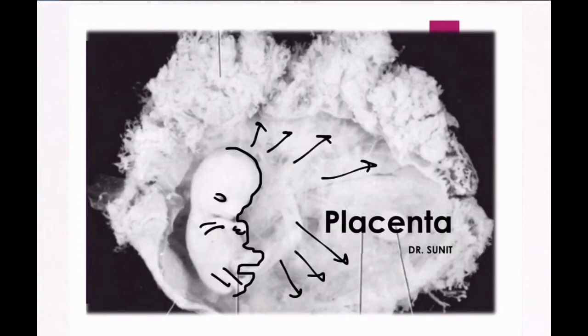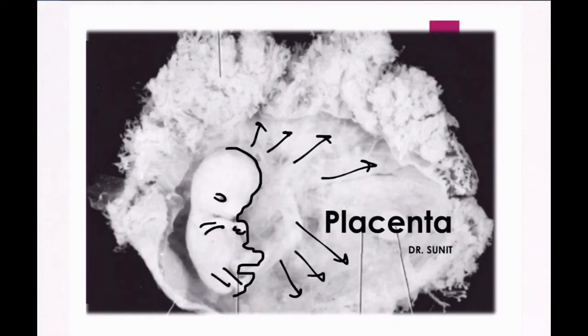If you were to define the placenta, you would say it is a discoid shaped 15 to 20 centimeter diameter organ that is responsible for communicating between the mother and the fetus. And it becomes a highly specialized organ as it evolves.